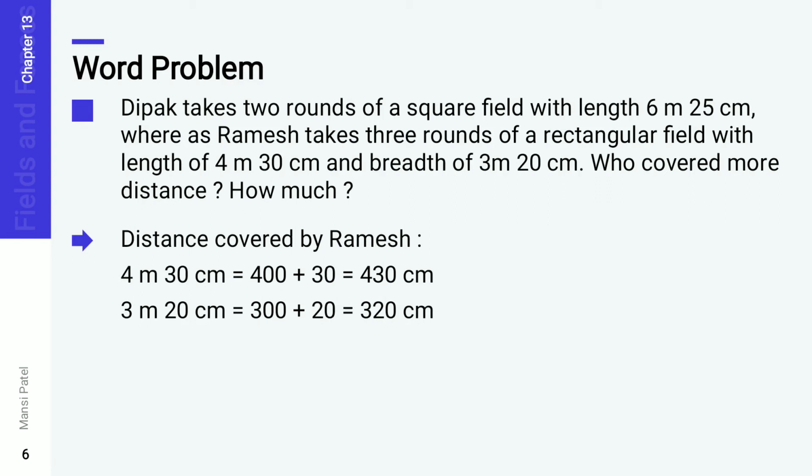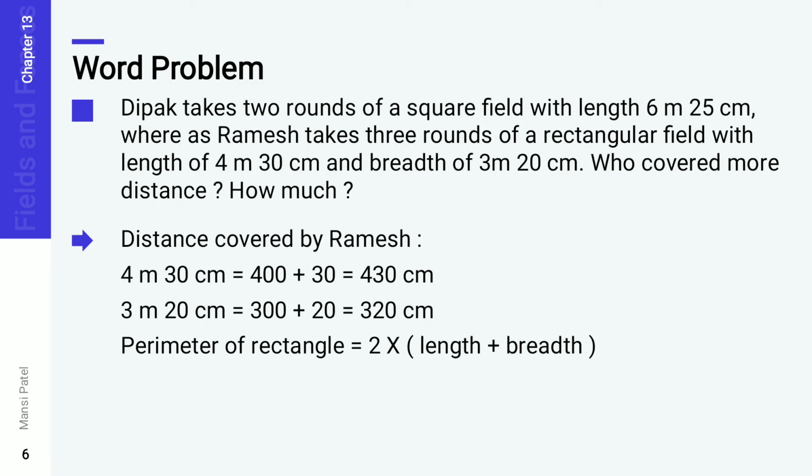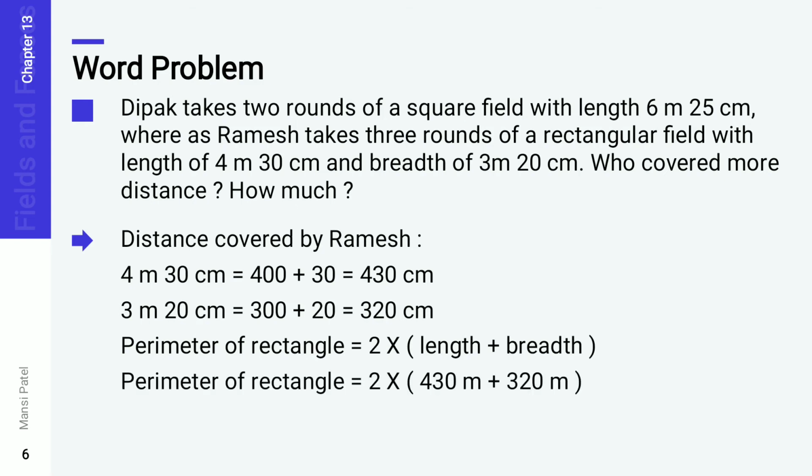Now we have to find out the perimeter of the rectangle. The perimeter of a rectangle is 2 multiplied by length plus breadth. So here you have to first write down the measurement of length. The measurement of length is 430 centimeter, and the measurement of breadth is 320 centimeter. Now what do you want to do? You have to add these two numbers.